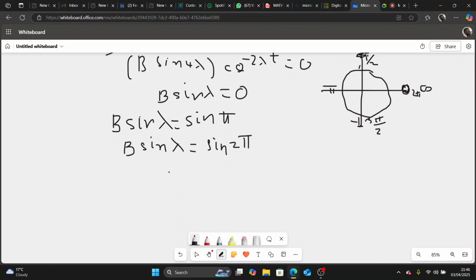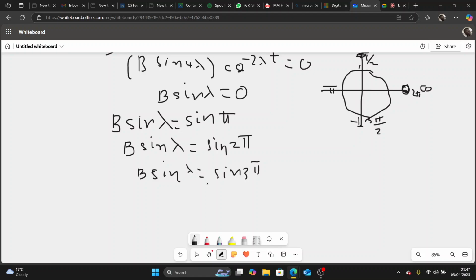You also have what? And so forth and so on. You can say 3 pi, 4 pi. What is 3 pi? If you put it on the calculator, still the same. If you put 4 pi, it will always give you 0, right?